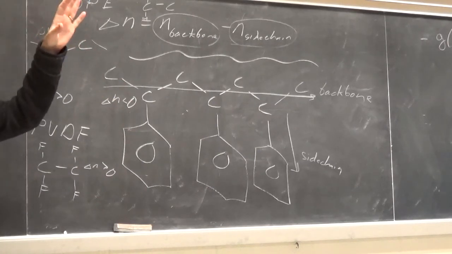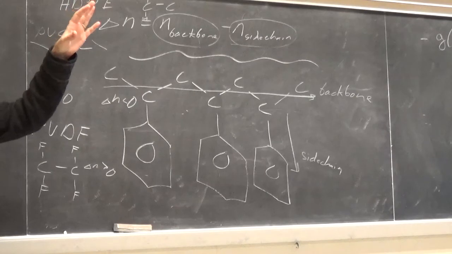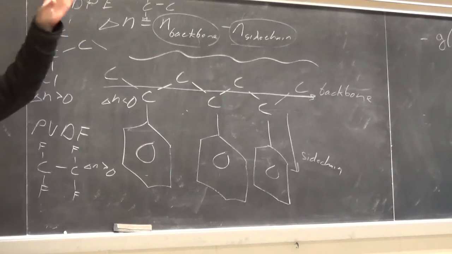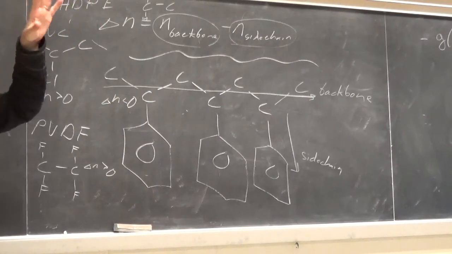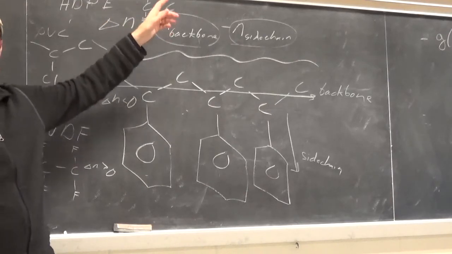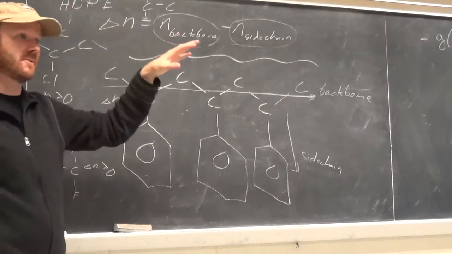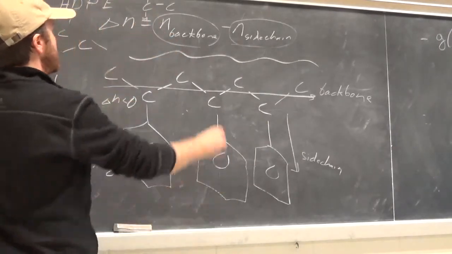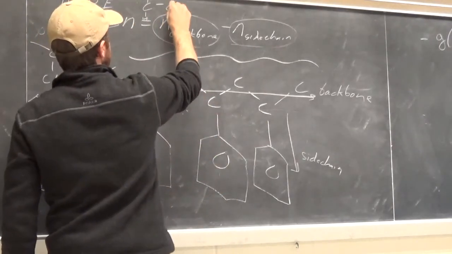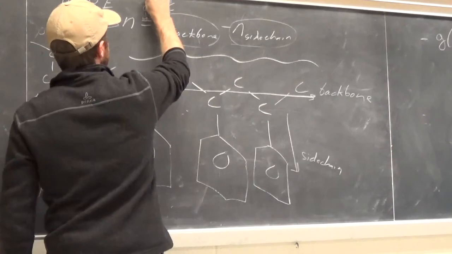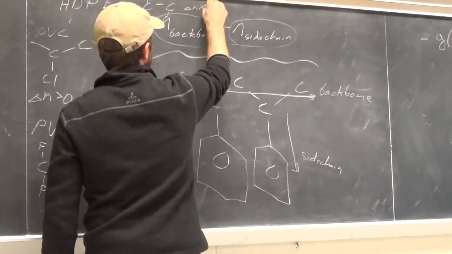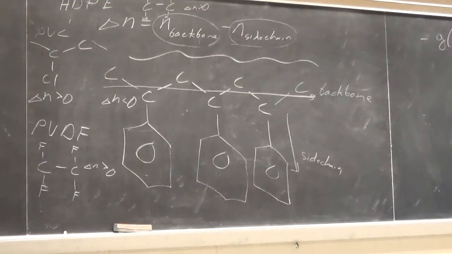Because it's the same electronegativity, and so you can shake those electrons around because neither carbon prefers to have the electrons, whereas carbon-hydrogen bonds are polar, right? There's different electronegativity between carbon and hydrogen, and so HDPE is going to have birefringence greater than 0. More polarizable along the backbone, less polarizable along the side chain.